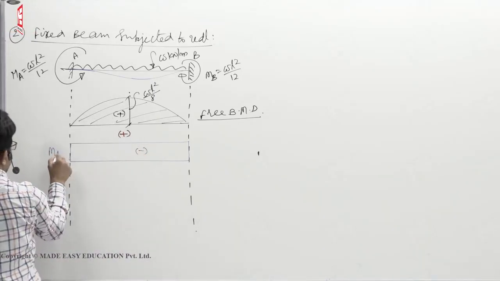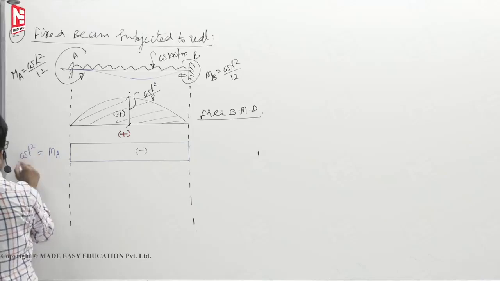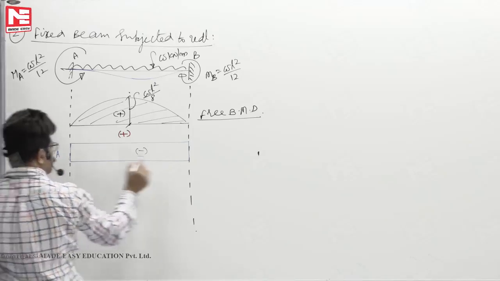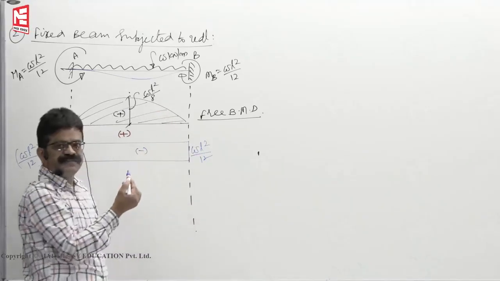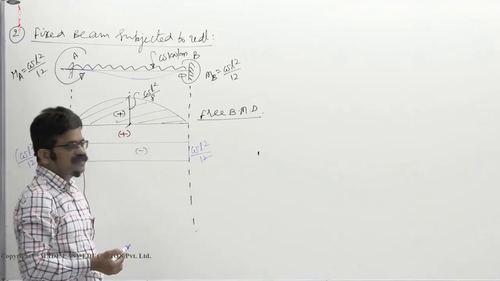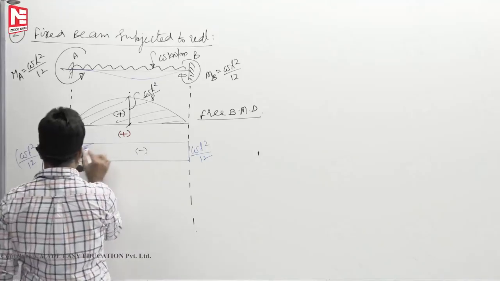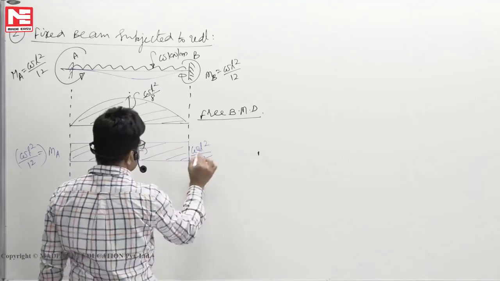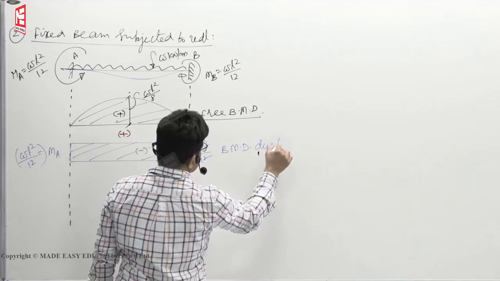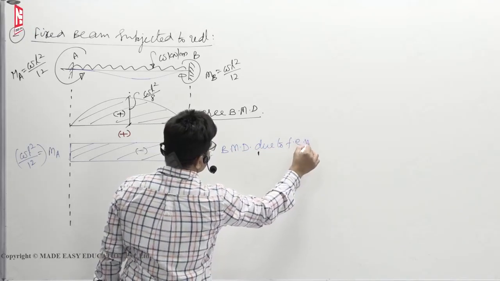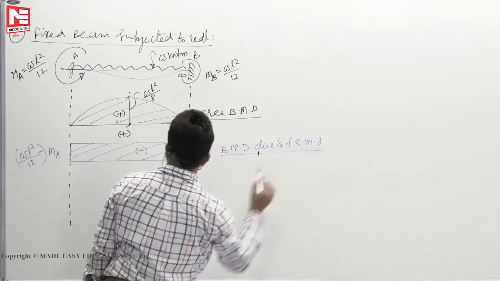This is MA, and its value is WL square by 12. Even if you have forgotten, with just one line, positive area is equal to negative area, we can get what the value should be here. This is the bending moment diagram due to fixed end moments.